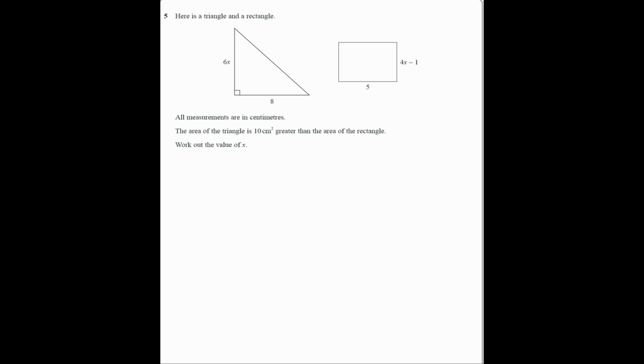As we know, the formula for the area of a triangle is: area of triangle is equal to base into height divided by 2. So we have to identify that base is 8 and height is 6x. So we will write 8 times 6x over 2.